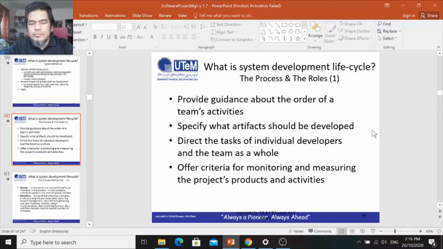By implementing the system development life cycle, whether you use waterfall, iterative, RUP, or agile, the objective is to provide guidance to the software team or software developer on how to manage and develop a system in a proper way.